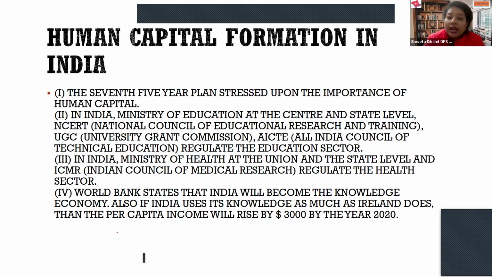Therefore, the government of India decided on a minimum of 4% of GDP to be spent on education, whereas the additional 2% is managed by CESS. I repeat, CESS, which is charged on the income tax of the people. The additional 2% CESS is charged on the income tax of the people to arrange funds for education expenditures in India.